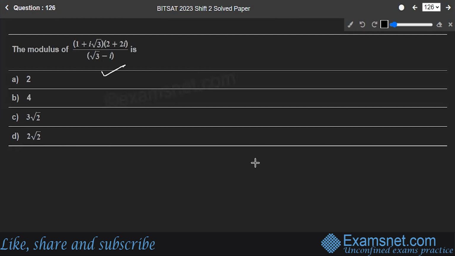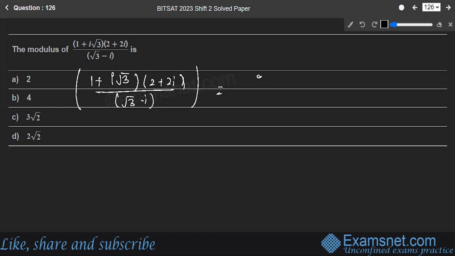The modulus of this is, let's write down, you have 1 plus iota root 3, 2 plus 2 iota divided by root 3 minus iota. So let's open up the brackets first.